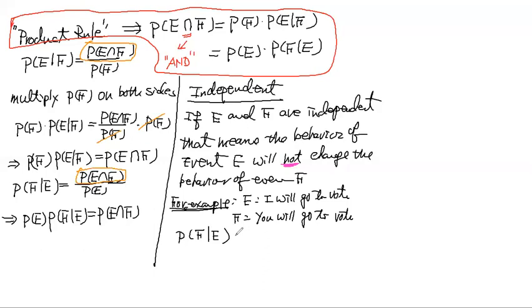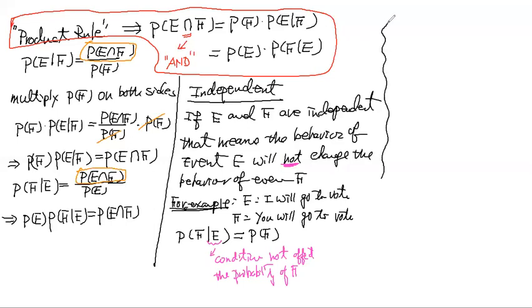So if we are independent, even if you give me this condition, it doesn't matter, because this condition is not affecting the probability of F. The condition being there or not doesn't matter anymore. So that's a very important concept.